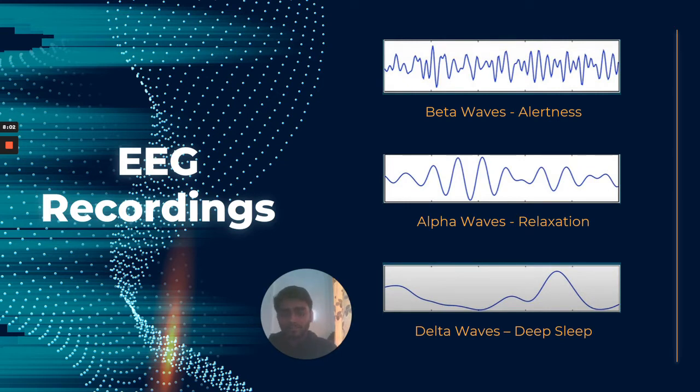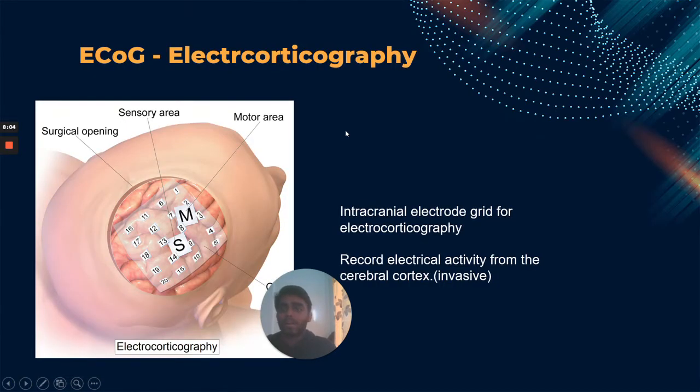Moving ahead, second is ECoG, electrocorticography. We already discussed that this is an invasive technique. You have to surgically open the skull and place the electrodes on top of your brain. So it is an intracranial electrode grid for electrocorticography. It records electrical activity from the cerebral cortex.